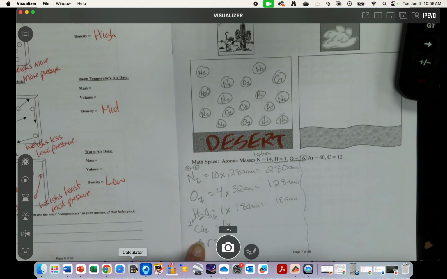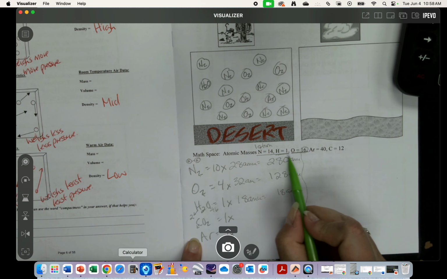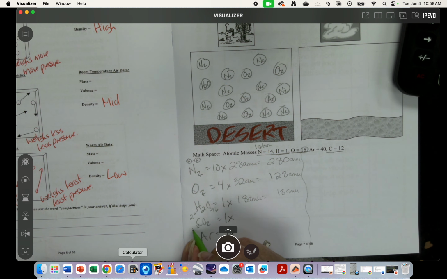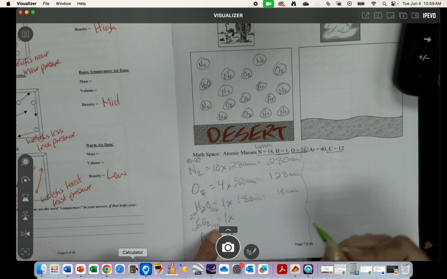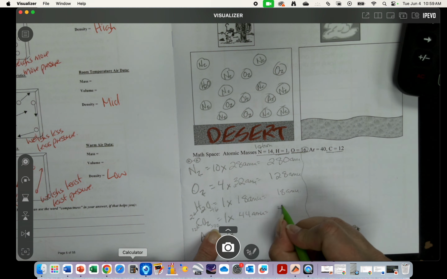We're going to do the same thing for CO2. One carbon has a mass of 12, and 2 oxygens, we already figured out, have a mass of 32. So what's 32 plus 12, everybody? 44 AMU. And there's 1 of them, so we're going to add 44 AMU.